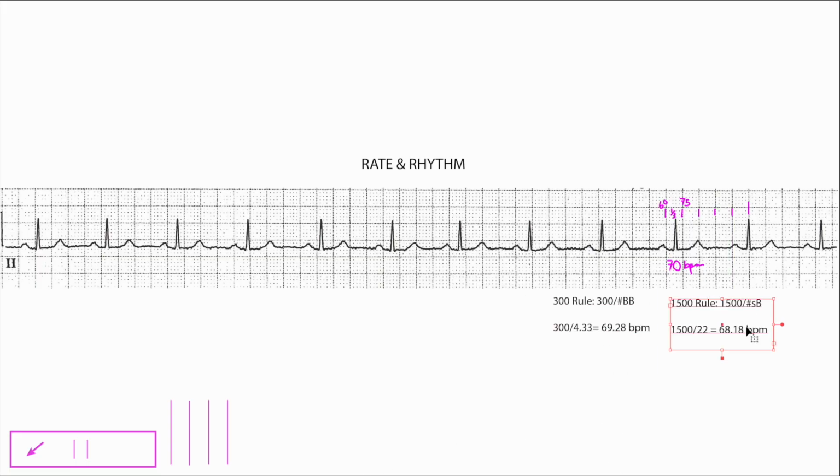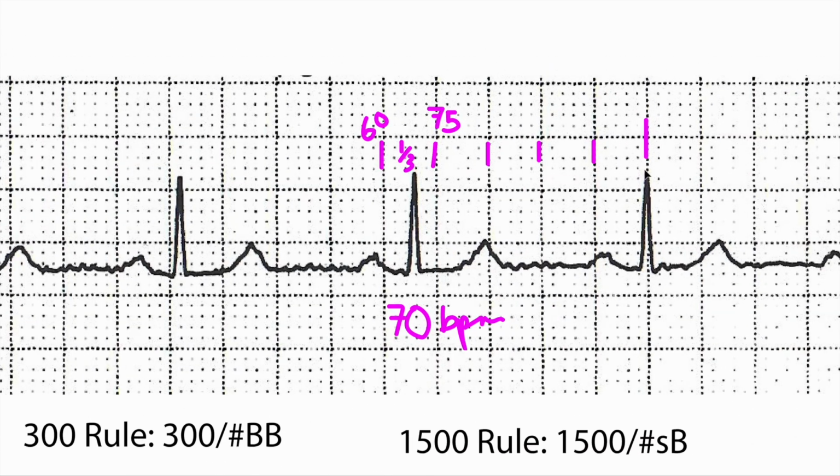Now, the 1500 rule relies on the small boxes. So if you go in here, one of these big boxes is made up of 5 smaller ones, 1, 2, 3, 4, 5. So then what you have here is 5, 10, 15, 20, 21, 22 small boxes.